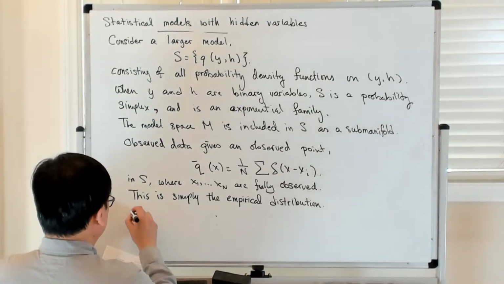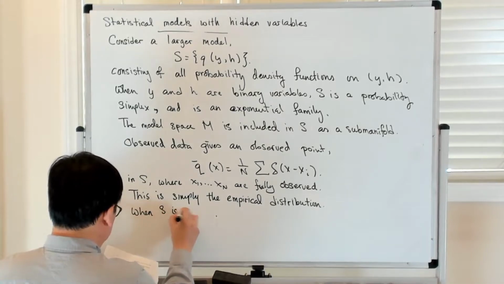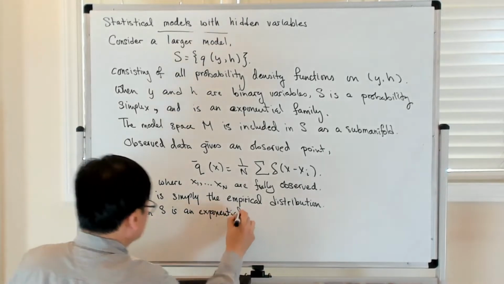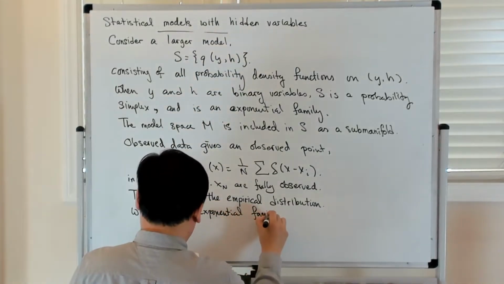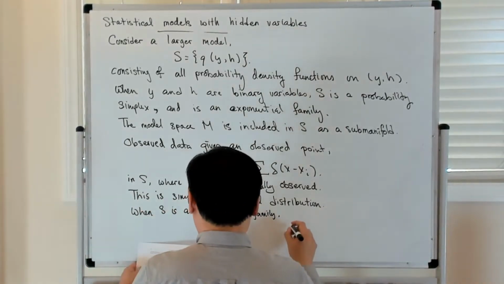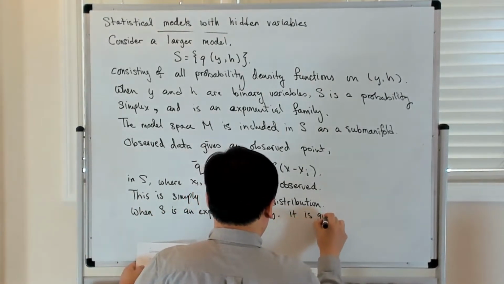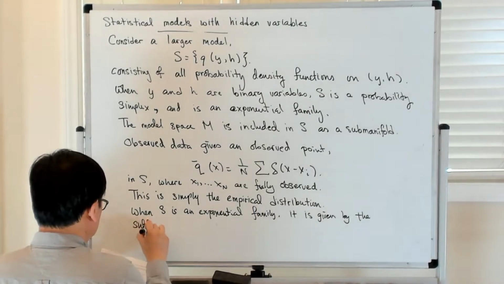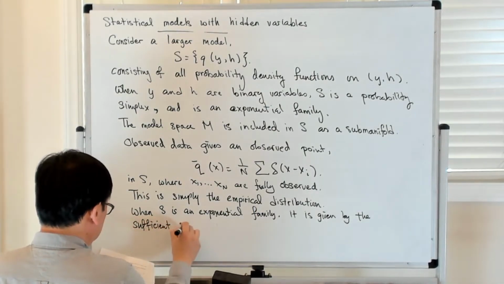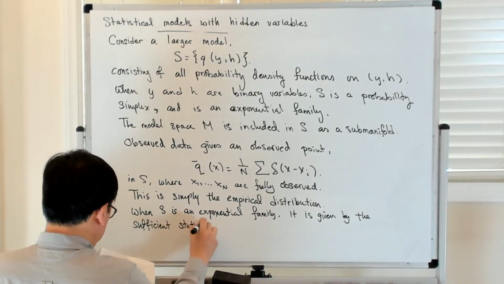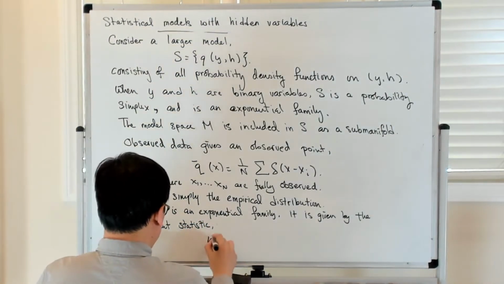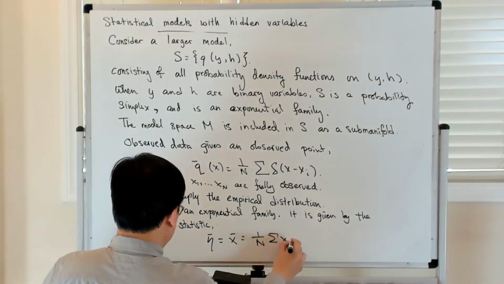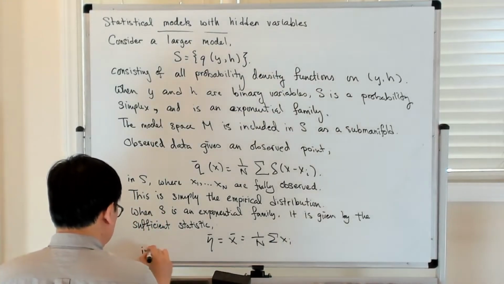So, all right. When S is an exponential family, it is given by the sufficient statistic, right? Eta bar is equal to x bar, which is just 1 over n, the sum of xi, in eta coordinates.